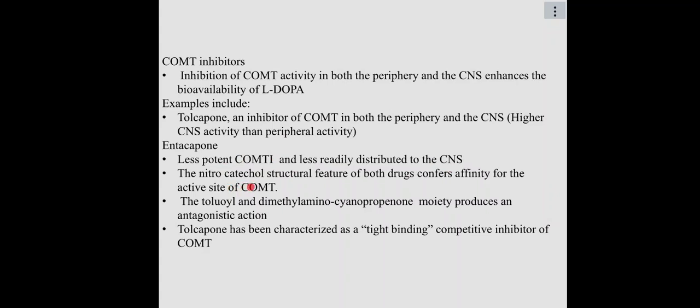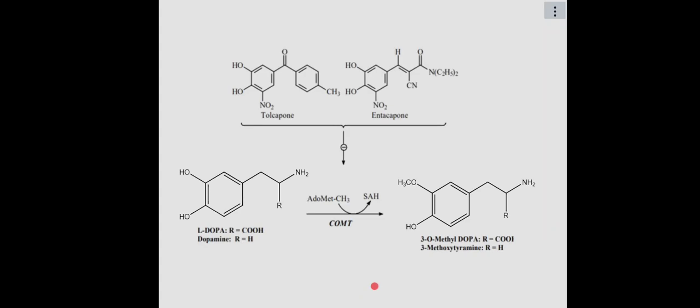The nitrocatechol structural feature of both drugs confers affinity for the active site of COMT. If you look at the structures, this is tolcapone, and this is the one we are saying is the most active, and then we have entacapone. Again, it has that.